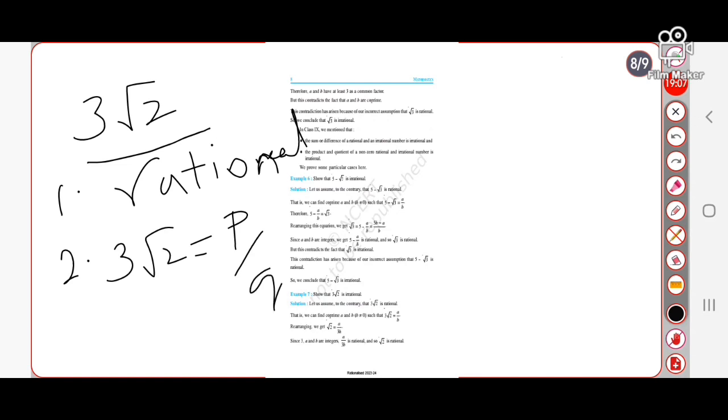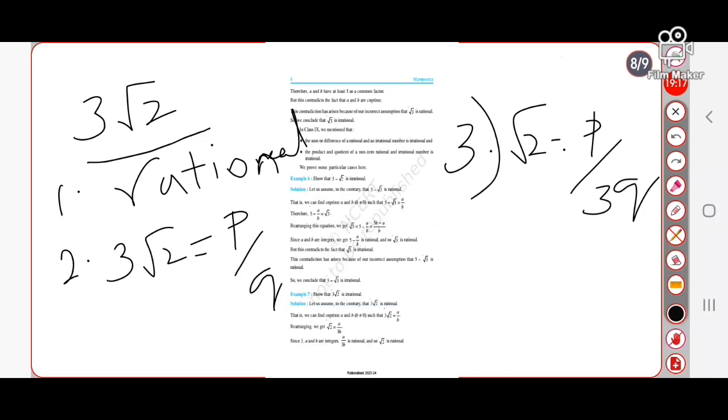Then cross multiplication. Here they write root 2 equal to p by 3q, no problem, the answer will be the same. Now p by 3q is in the form of a rational number.